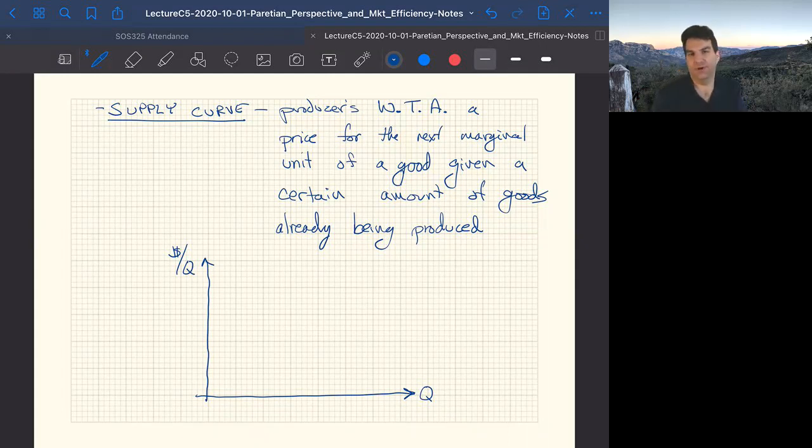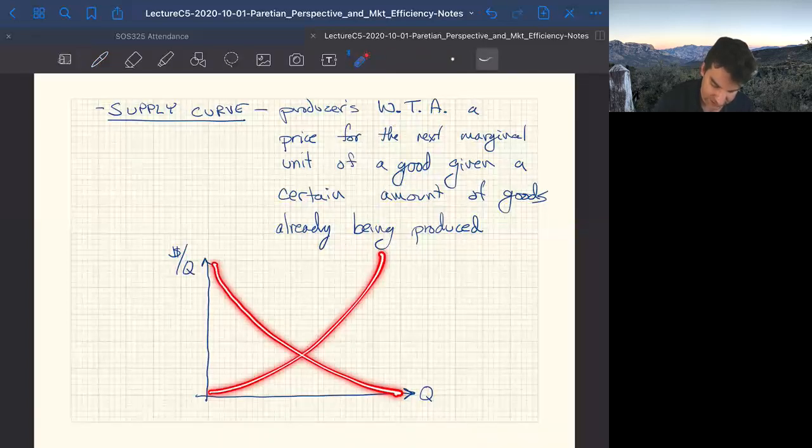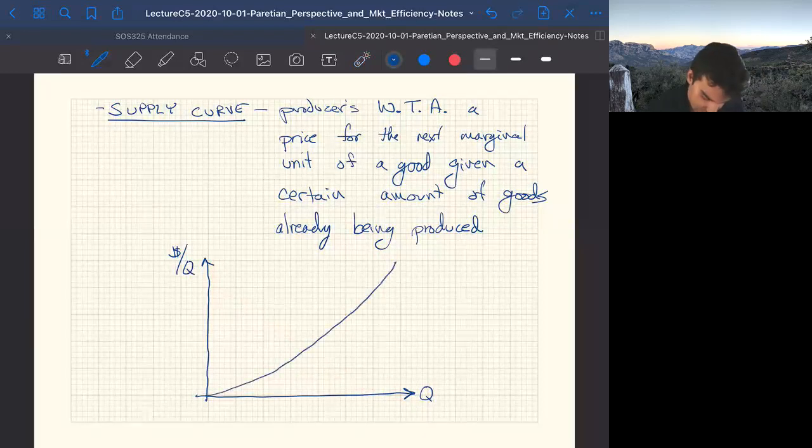So for the first marginal unit, but as more things get produced on the market, then they will start asking for more. Whereas your demand curve slopes in this direction, your supply curve is going to go in this direction. So this is our supply.